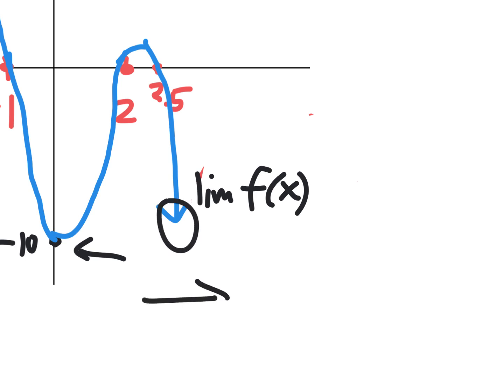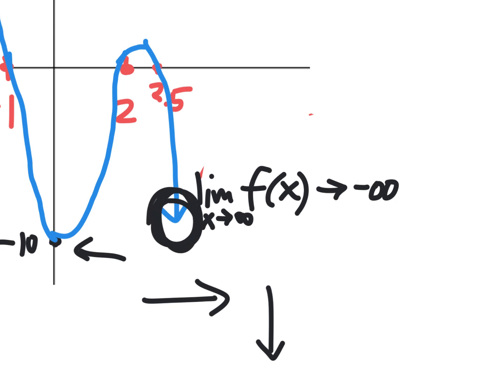Isn't it going forever to the right and forever down? So the x is going to infinity, and the y is going to, remember, the y is the up-down. It's going to negative infinity. Look, it's going down. That's why it's negative infinity.